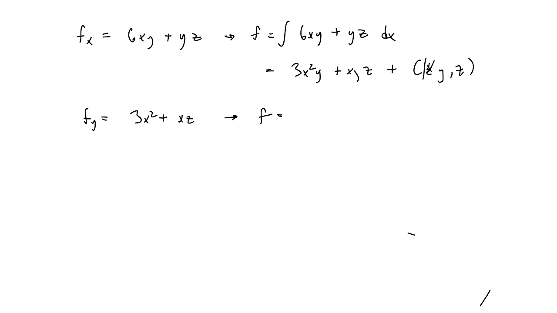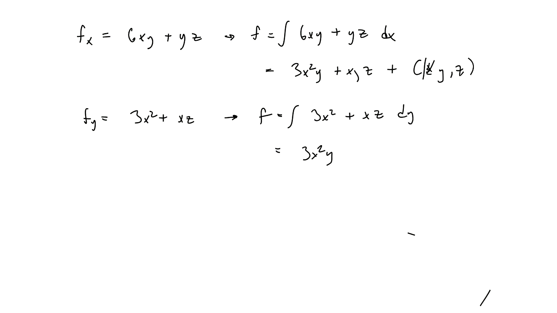In a similar way, the derivative with respect to y is equal to the second term. And again, now the function should be equal to the antiderivative of that with respect to y. And we should expect overlaps because, of course, any term that has both x's and y's will have a similar derivative. So the antiderivative of 3x squared with respect to y is 3x squared y, which we already have.